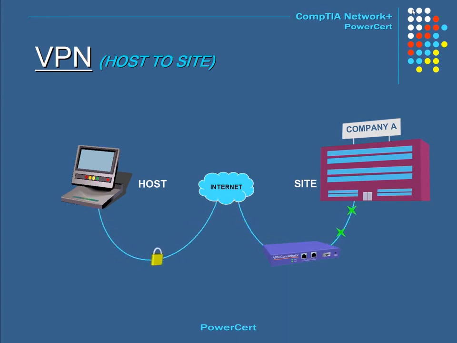You would basically just need your computer's operating system to connect to your office's VPN hardware. And once the connection is made, then you can access your office's network over the Internet. So all of the special VPN hardware would be on the office or the site side of the connection and not at your home.